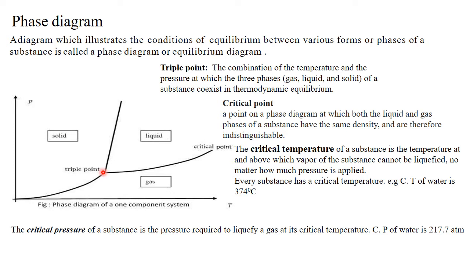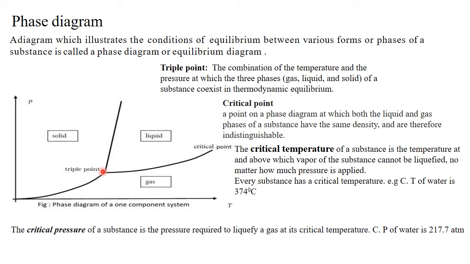The end of this line, the line which is separating the liquid phase from the gaseous phase, the end of this line is called the critical point. The phase of the matter beyond this point will be called supercritical fluid.